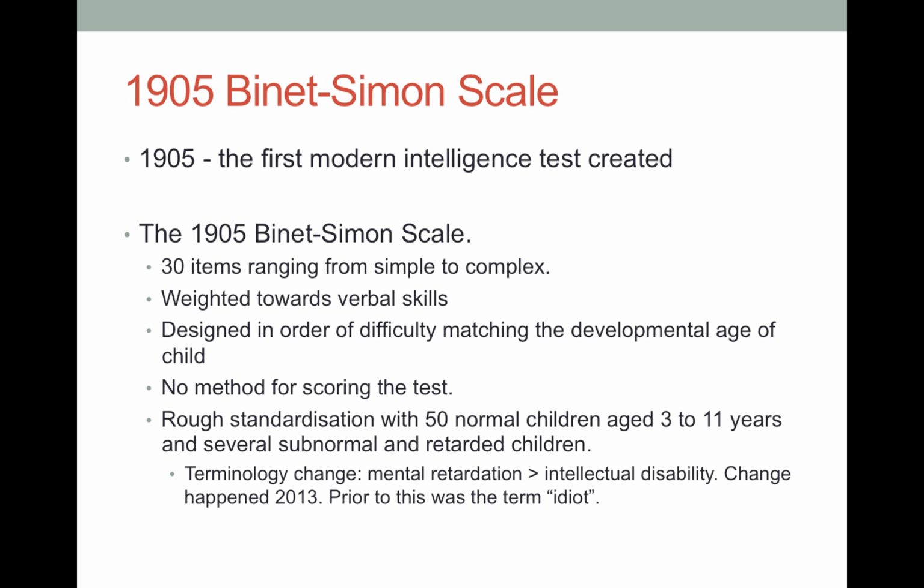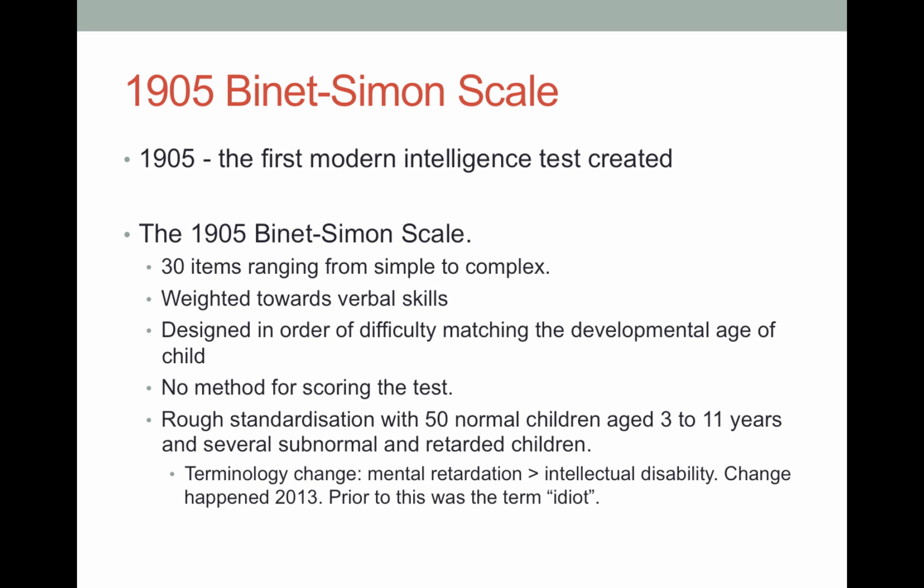Alfred Binet created the first modern intelligence test in 1905, called the 1905 Binet-Simon Scale. The 30 tests on the 1905 scale range from the simple to the complex. The tests are heavily weighted towards verbal skills, and the tests were designed in order of difficulty so that the easiest tasks were done at the beginning and the hardest tasks were done at the end.